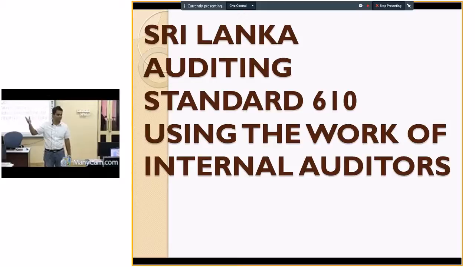Right? Now the concern: as the external auditors, can we use the internal auditor's work? Is it relevant for us? That is the concern we have, and that is what SLS 610 is discussing. Can you use the internal auditor's work as the external auditors?